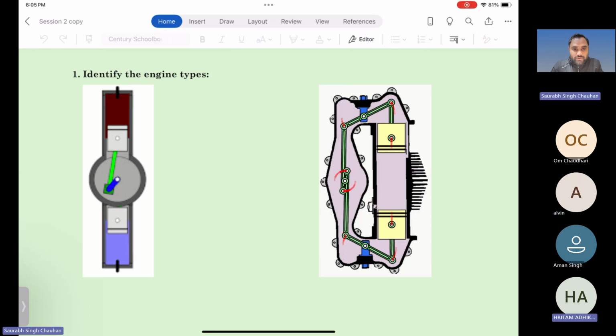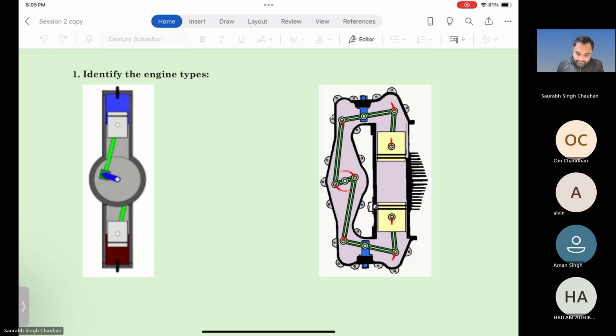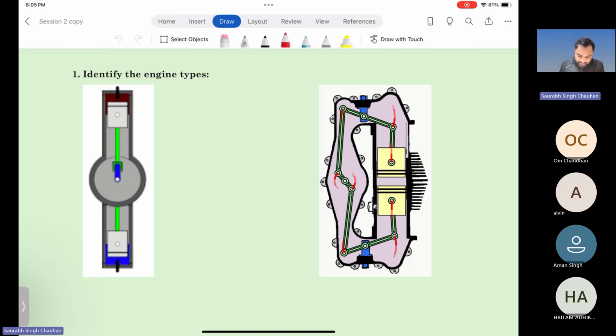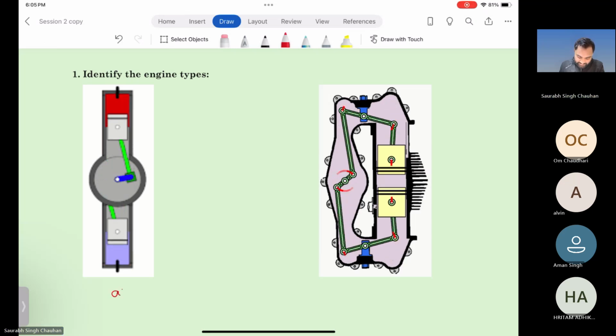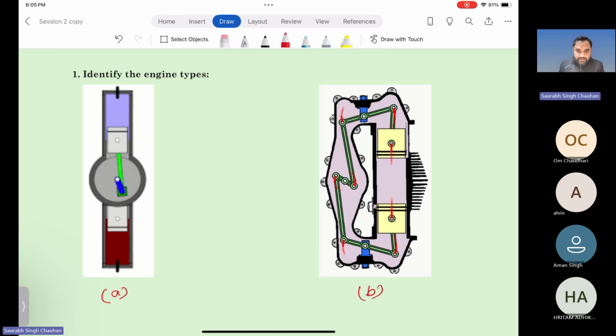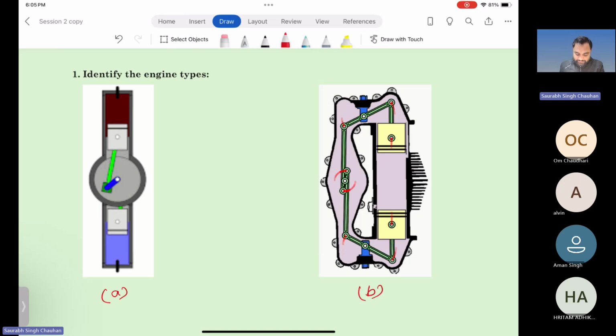Okay. So this is an animation of engine A, let us say. This is B. So we have to identify which type of engines these are.